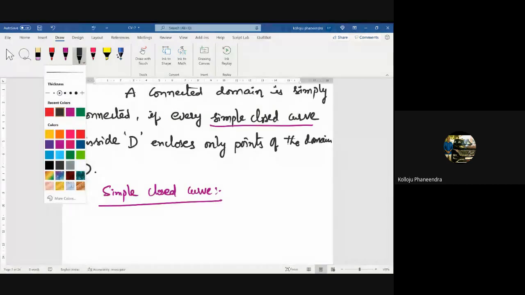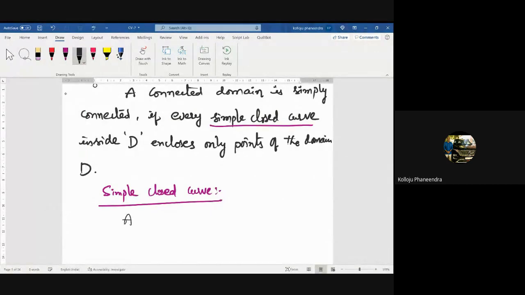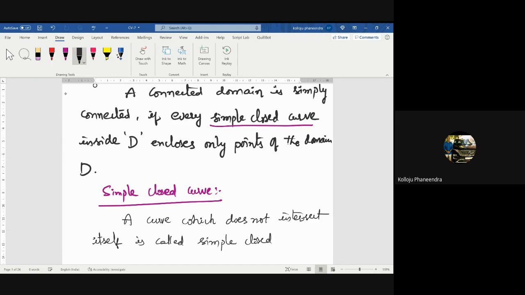A curve which does not intersect itself is called a simple closed curve. This is the definition of simple closed curve.